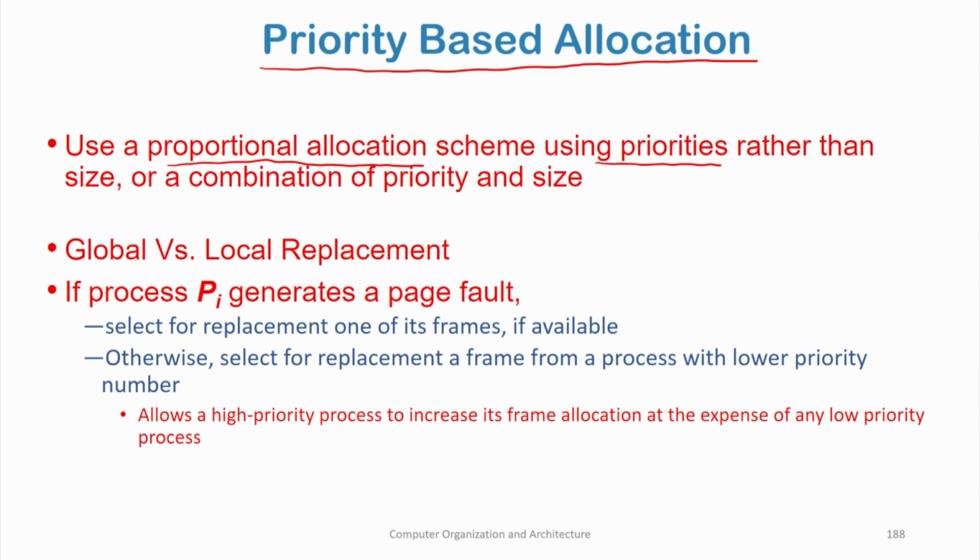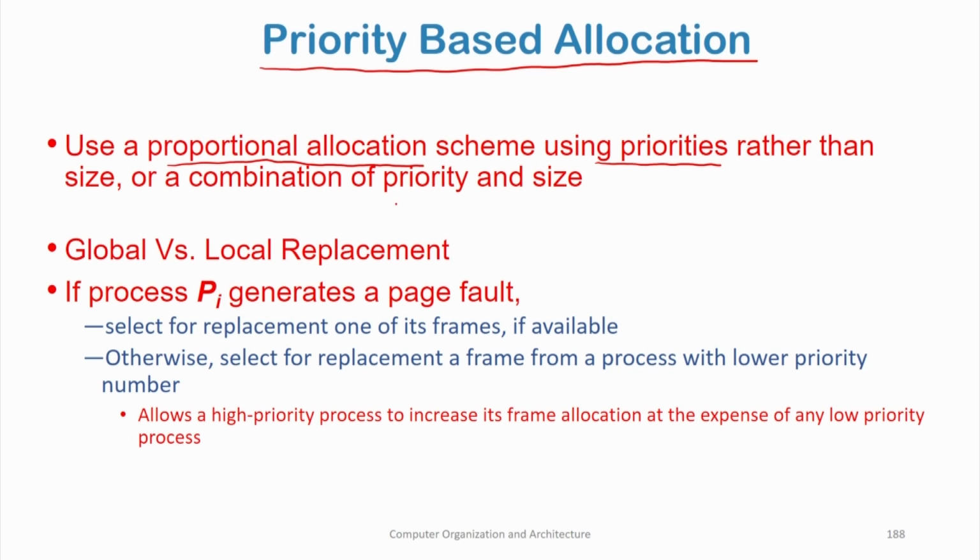If we proportionally allocate based on priorities, we are doing a priority based allocation. However, if we are only doing priority based allocation and looking at nothing else, we are completely ignoring the size of the processes.